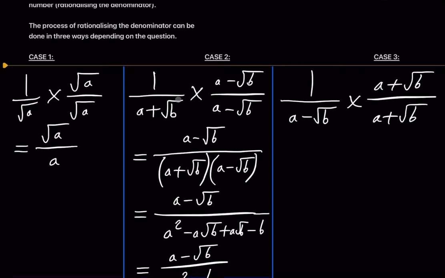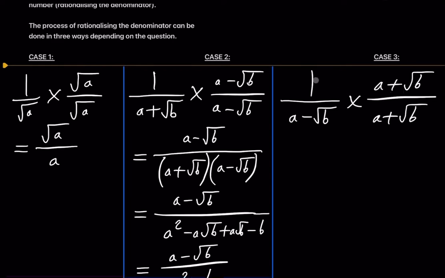In other words, the converse or the opposite of a plus root b is a minus root b. However, in case 3, in the denominator we have a minus root b. So in order to simplify this fraction, we have to multiply the numerator and the denominator by the converse of a minus root b, which is a plus root b.